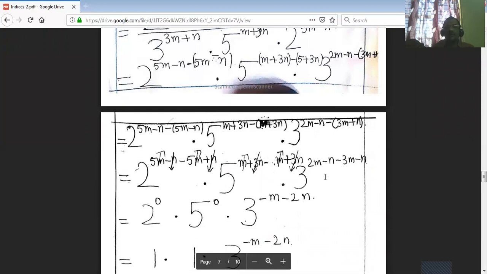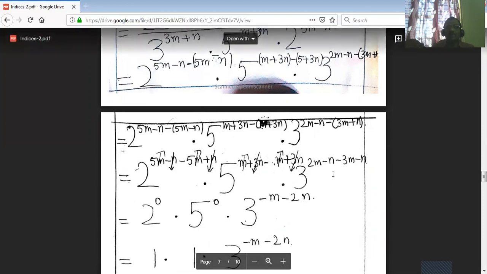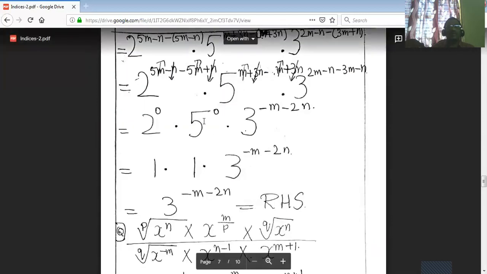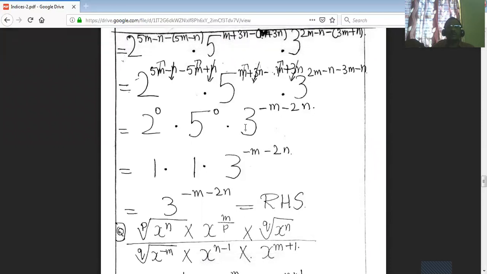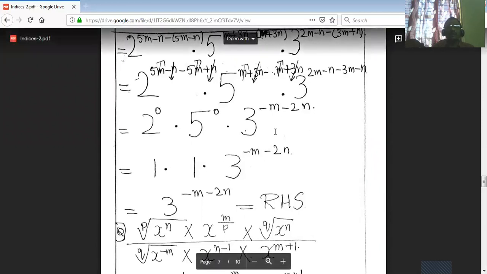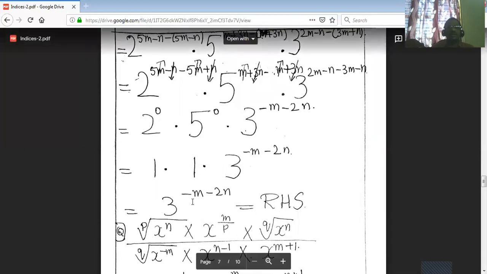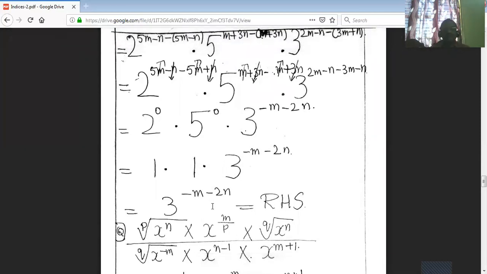Now 3 to the power of 2m minus n minus 3m minus 2n, that is 3 to the power of minus m, 2m minus 3m is minus m, minus n minus n is minus 2n. Now 2 to the power of 0 into 5 to the power of 0 becomes 1. So the final answer is 3 to the power of minus m minus 2n.